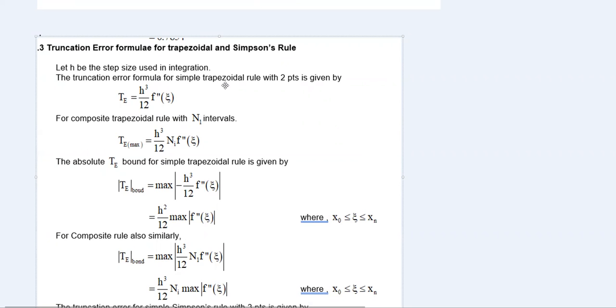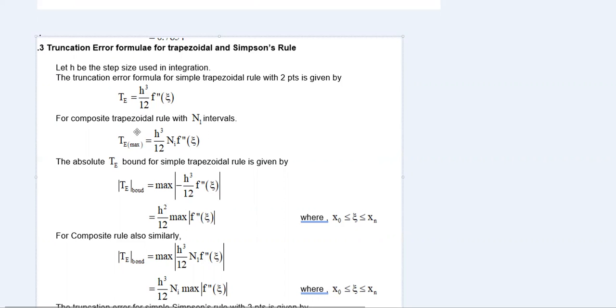The truncation error for simple trapezoidal rule with 2 points is given by h cube by 12 into f double dash epsilon. This is the remainder term. For the trapezoidal rule, n equal to 1, we approximate up to the first two terms, and then the second derivative term involved will have the error. So we are neglecting that, and this will be the error.